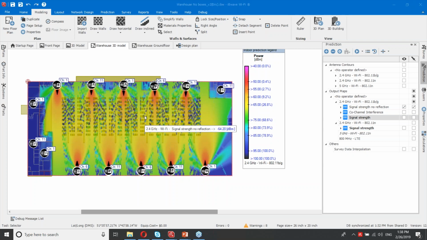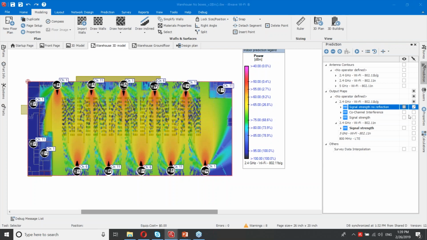As you see, the coverage now all of a sudden has a lot of holes, and those holes are there because I only took the direct path into account. So obviously, when you are calculating coverage, you have to have a direct path, and also reflected and diffracted paths, to give a good representation of what is going on.